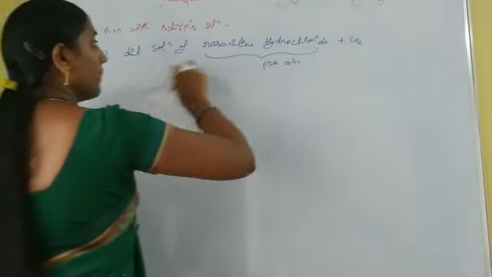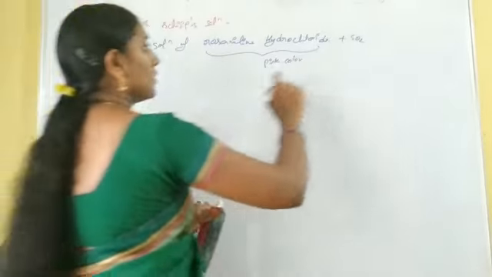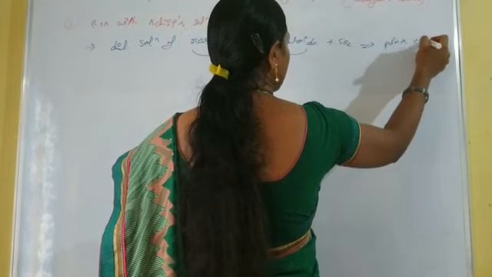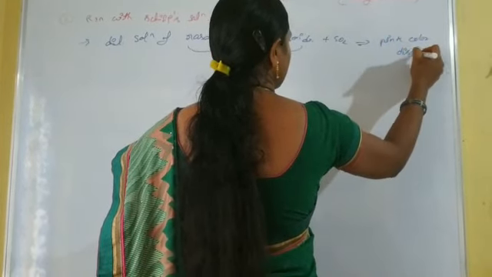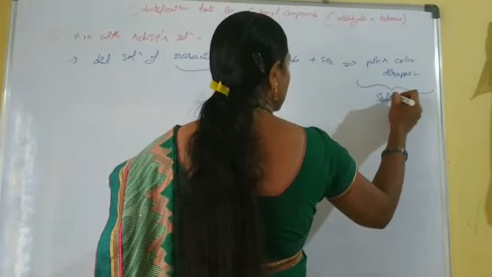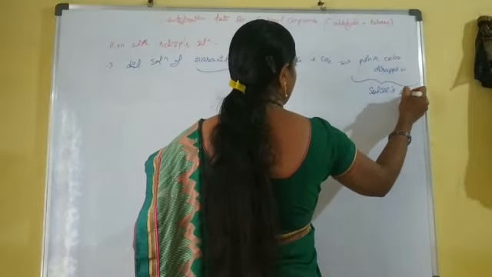When SO2 is passed through it, the pink color disappears. Now the solution is Schiff's solution.